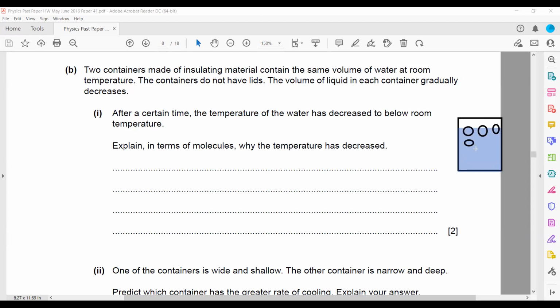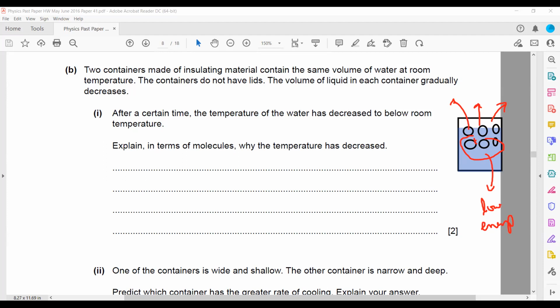So the most energetic molecules, the particles at the surface, gain energy from the surrounding. When the most energetic molecules at the surface gain energy or take energy from their neighbors, they can go out. As a result, the particles which are left behind are left with low energy.